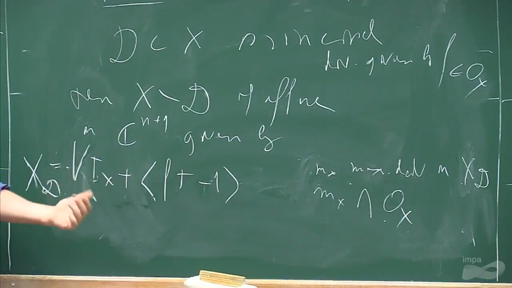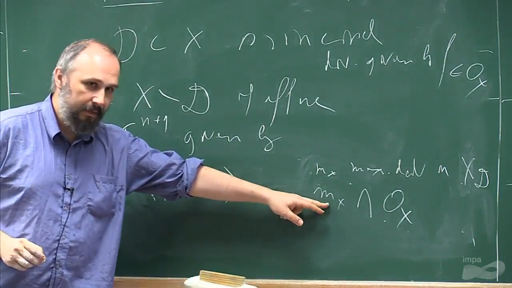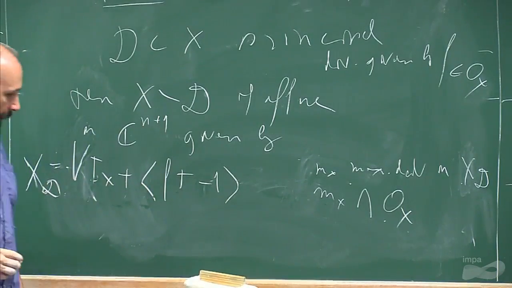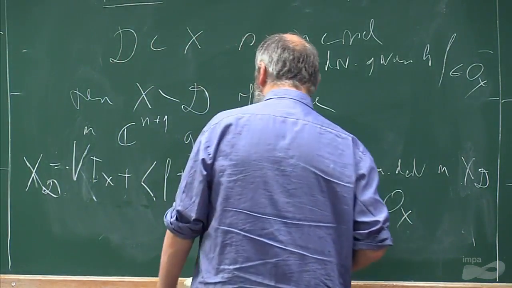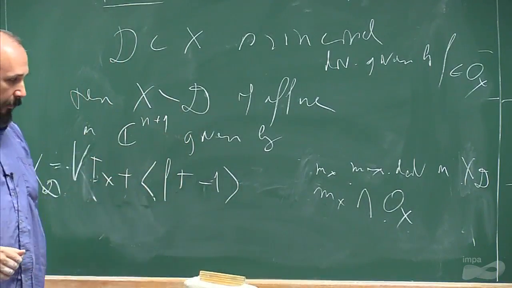This will give you a maximal ideal, but then F cannot vanish on it, because then 1 would belong to the ideal.